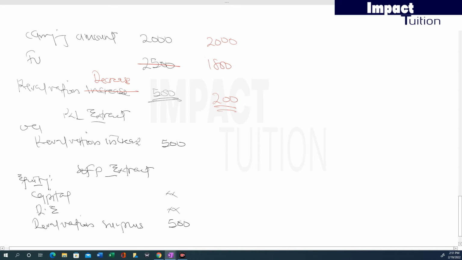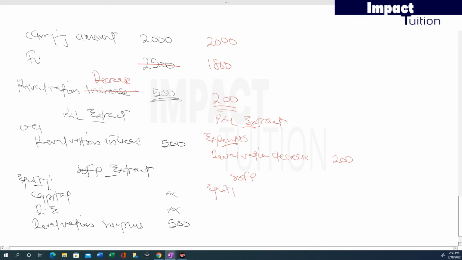Our profit or loss extract will look like this. In the profit or loss, under expenses, we will have revaluation decrease, 200.